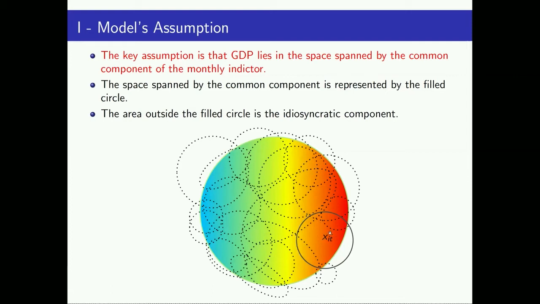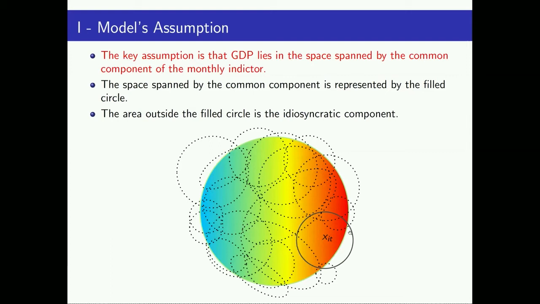In this case, you see that a large part of XIT is shared with the GDP, and this is the common component that they share. The outside of the circle, this part here, is the idiosyncratic component.